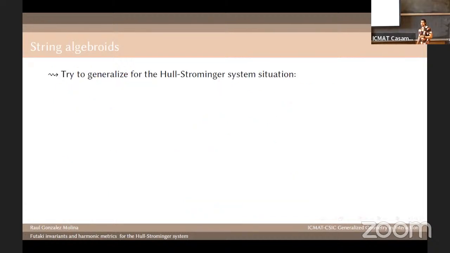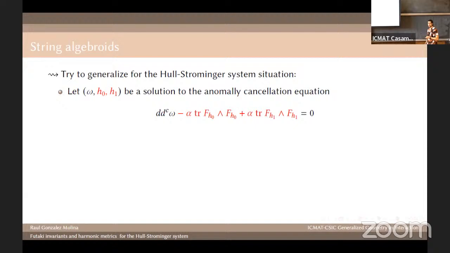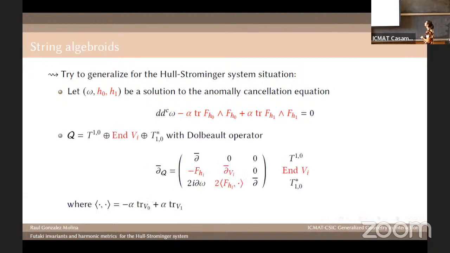Now let's try to generalize, not for pluriclosed, but for our setting, for the anomaly cancellation equation. I'm going to stress in red what the differences are with the previous case. These are my unknowns: the metric on the manifold and the Hermitian metrics, and the anomaly cancellation equation.